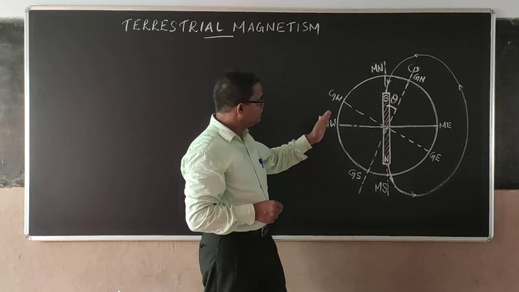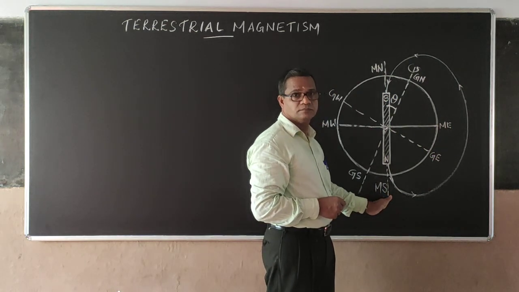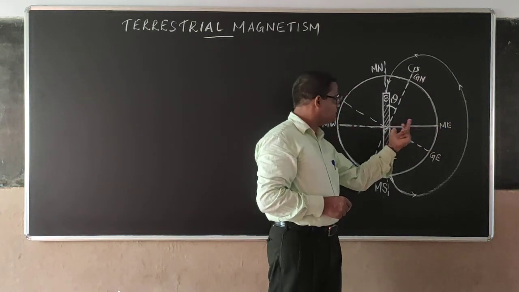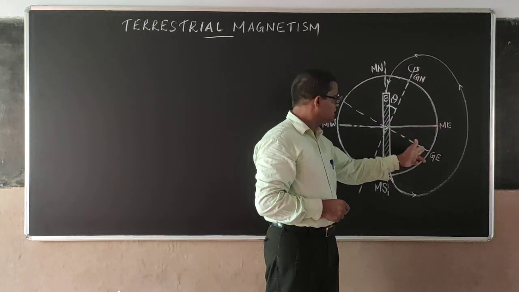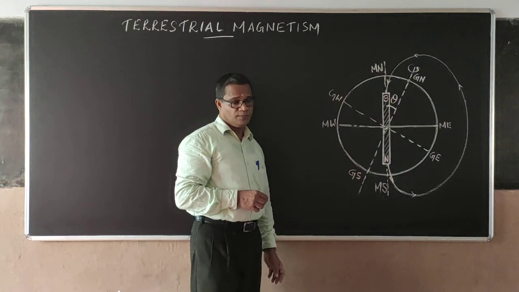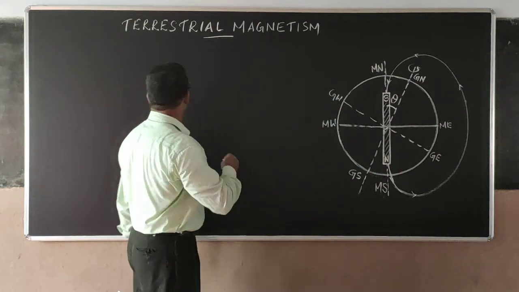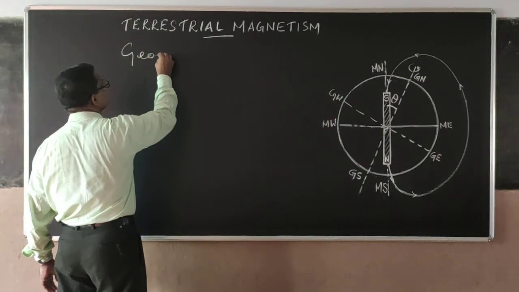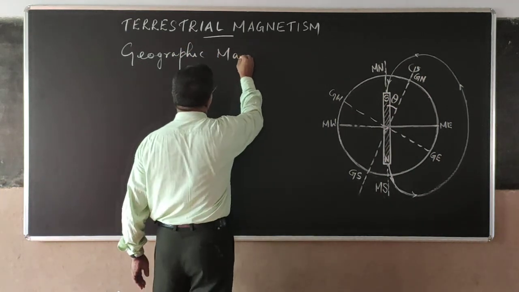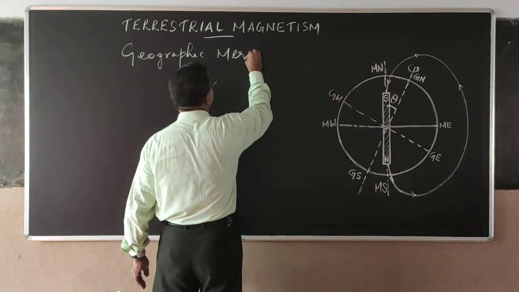Now, this is the geographic axis and this is the magnetic axis, and this is the magnetic equator, coming along this way, and this is the geographic equator position. Here we can consider two things: the geographic meridian and the magnetic meridian.